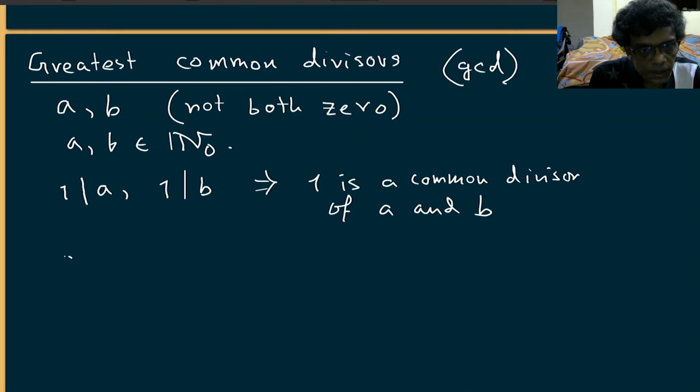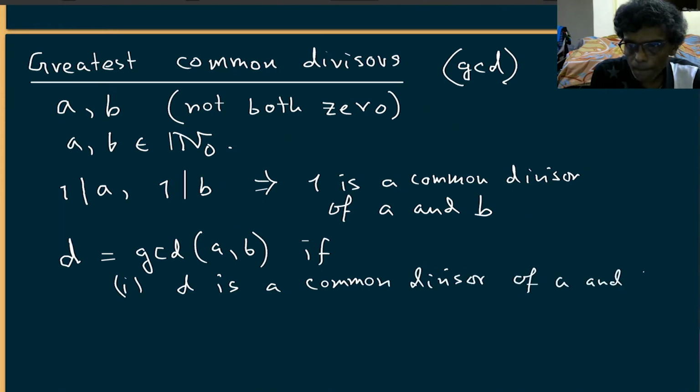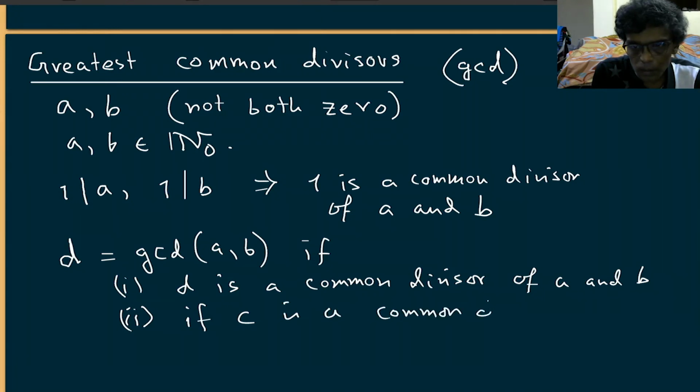So, D is called the greatest common divisor or GCD of A and B if 1, D is a common divisor of A and B, and 2, if C is a common divisor of A and B, then there are two ways of saying it.